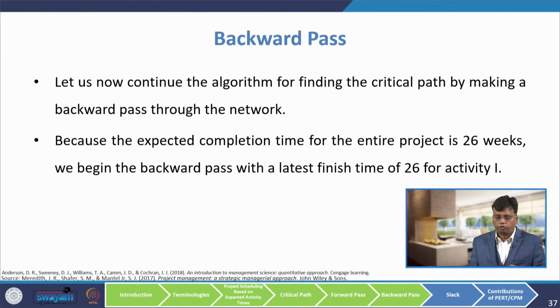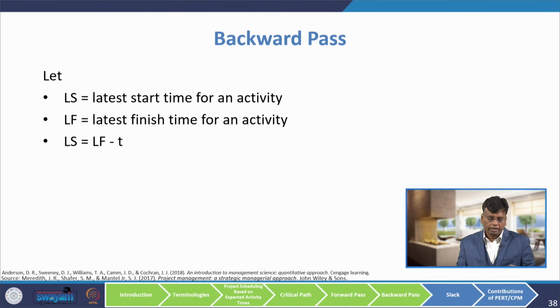Now, we will discuss the backward pass. Let us now continue the algorithm for finding the critical path by making a backward pass through the network. Because the expected completion time for the entire project is 26 weeks, we begin the backward pass with the latest finishing time of 26 for activity I. What is the notation here? LS is the latest starting time, LF is the latest finishing time.